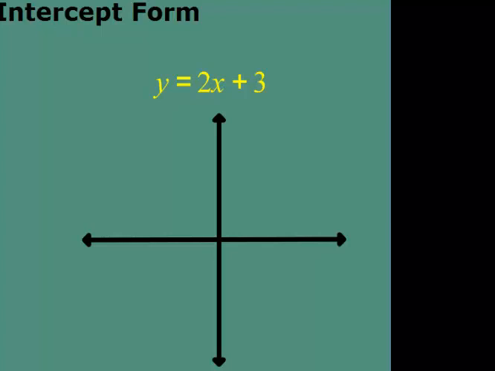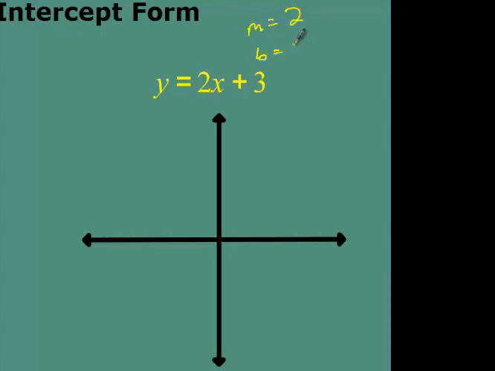So, over here, what's our slope? And what's my y-intercept? When I graph, where do I start, m or b? B. So what's my b value? 3. Is that an x-intercept or a y-intercept? A y. So how do I find where b equals 3 is?